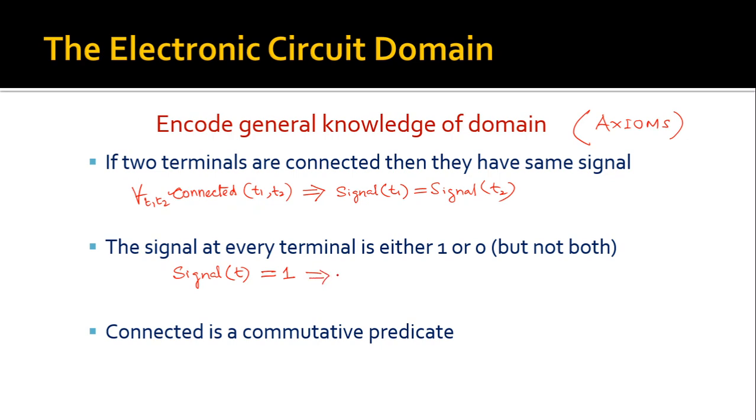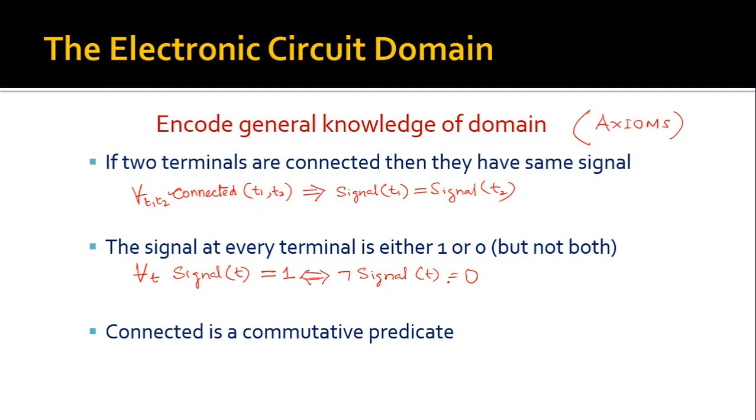It should imply that it is not the case that signal at T equals 0, right? And the other direction of the implication is also true. If the signal at a terminal T is not 0, then the signal at the terminal should be 1, right? So we can make it to be true for all terminals.